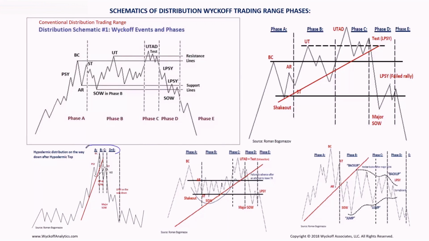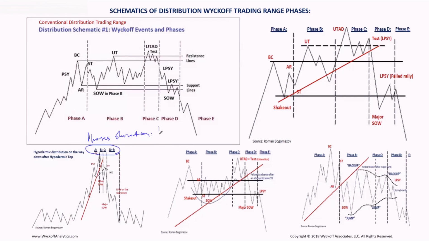And this is the biggest difference between, let's say, the hypodermic formation and anything else that we see here on this slide. The phases are going to collapse, and the duration of the phases is going to shorten.